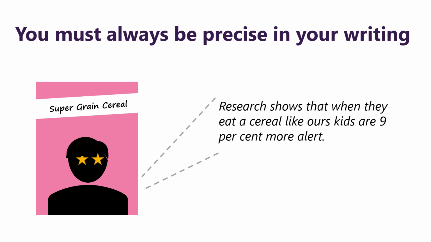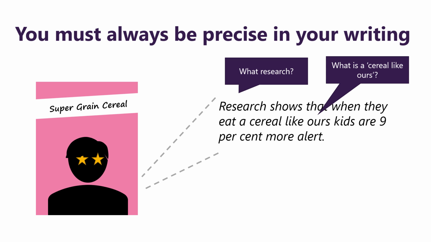Here we have a quote taken from a box of cereal. Research shows that when they eat a cereal like ours, kids are 9% more alert. But this draws many questions and indicates many problems with this statement. What research? What is a cereal like ours? What's a kid? This is a particularly subjective term, and you'll get a variety of answers depending on who you ask.